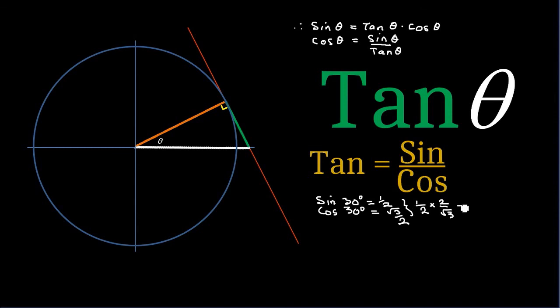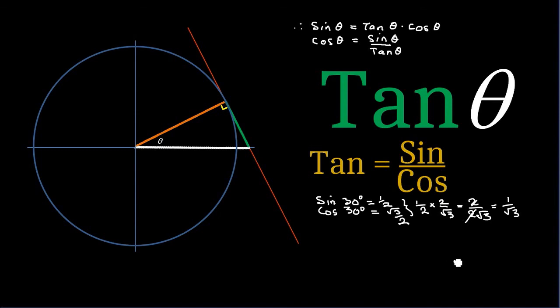And now we multiply across to get 1 times 2 is 2, 2 times root 3 gives us 2 root 3. These will cancel, so divide top and bottom by 2, and you get 1 over root 3, which is indeed, as we saw, the value of tangent.